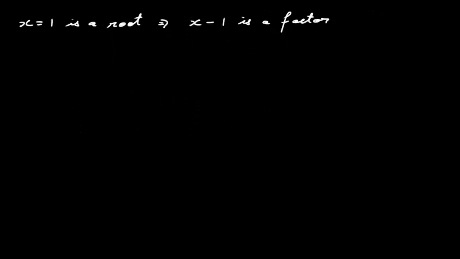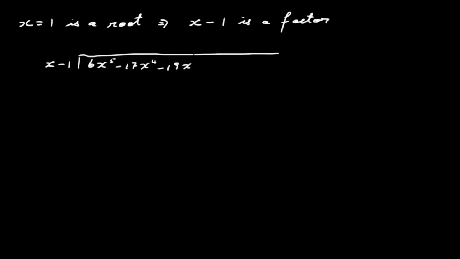So we're going to take x minus 1 and we're going to divide it into 6x to the power of 5 minus 17x to the power of 4 minus 19x cubed plus 27x squared plus 13x minus 10.